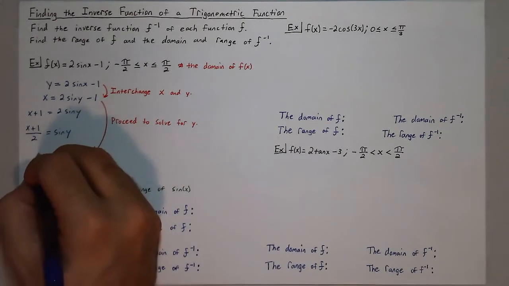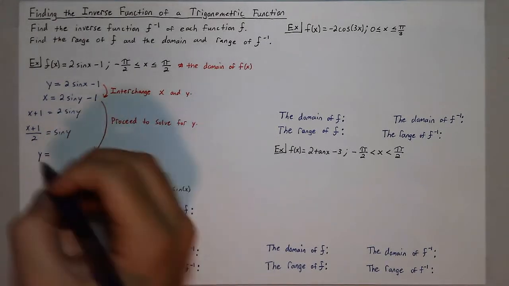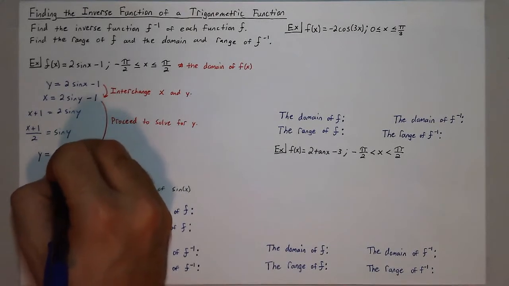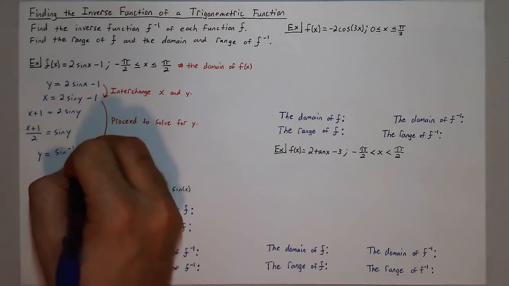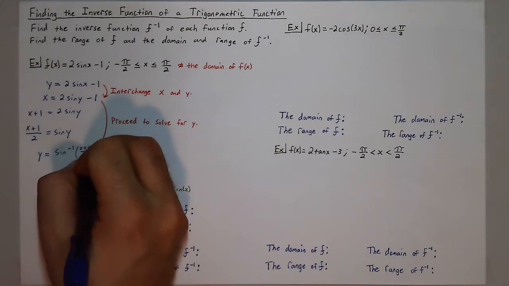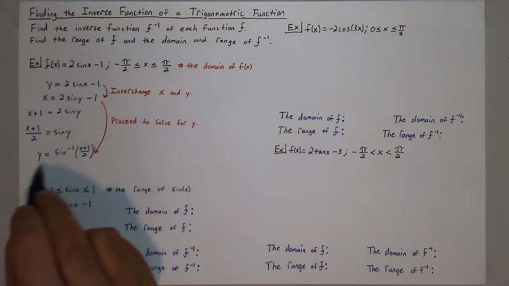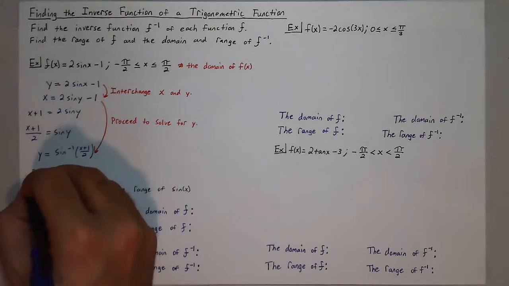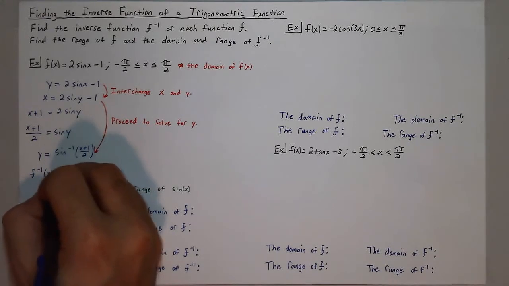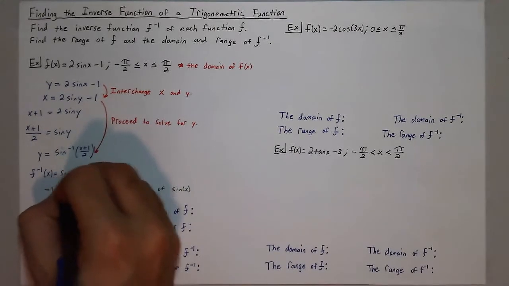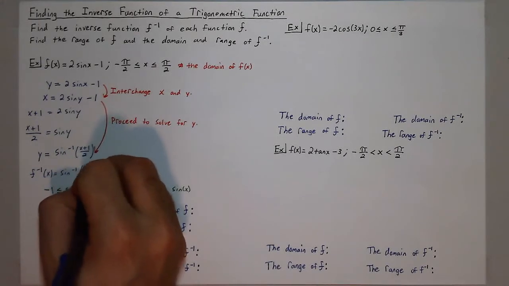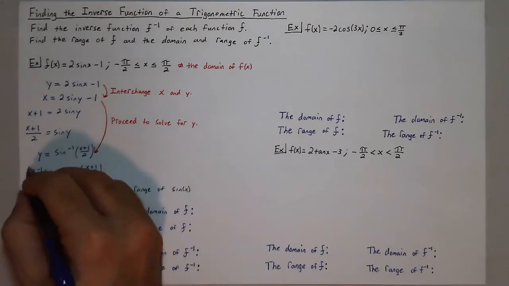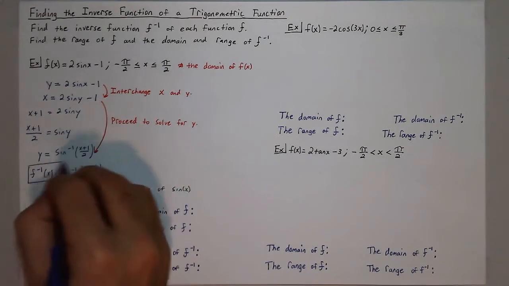So y would equal sine inverse of x plus 1 over 2, which will make up my inverse function. So to finish out the problem, I'll just put f inverse of x is equal to sine inverse of x plus 1 over 2. And that solves that first part of the problem.